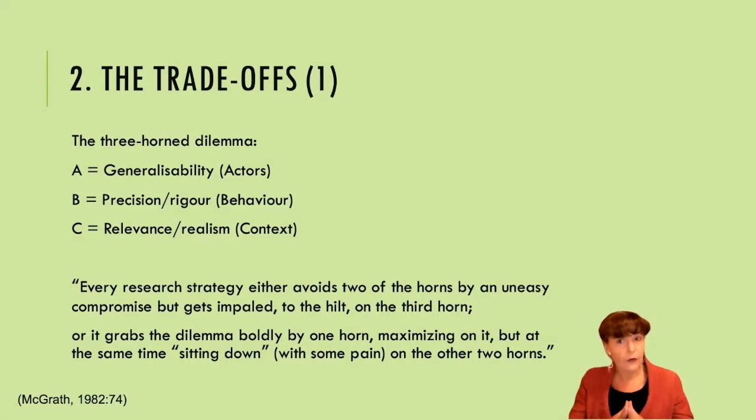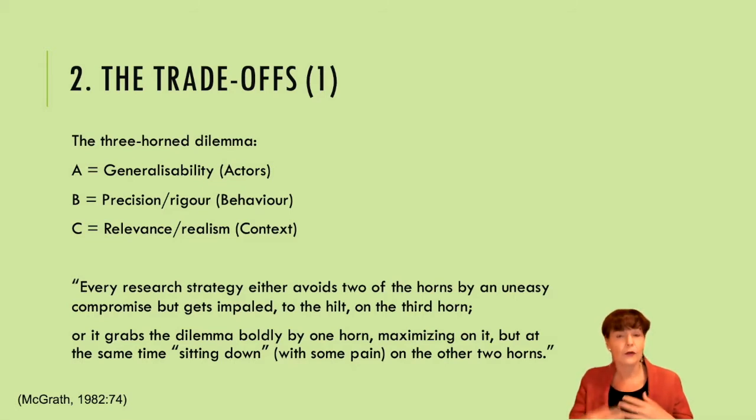Or you can focus on the specific context and make sure that the relevance and realism of that context is as high as possible. But what the typology says is that you can't have all three at the same time. You can't design a research strategy that is both highly generalizable, and precise and highly relevant.